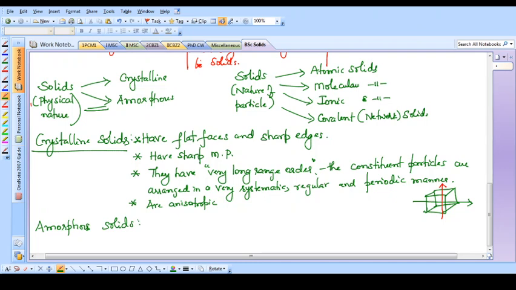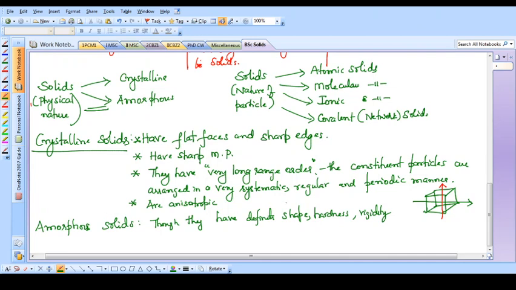Though amorphous solids have definite shape, hardness, and rigidity like crystalline solids, to some extent, because they are solids, and solids definitely should have shape, hardness, and rigidity. But that definiteness in shape, hardness or rigidity is somewhat less compared to crystalline solids.